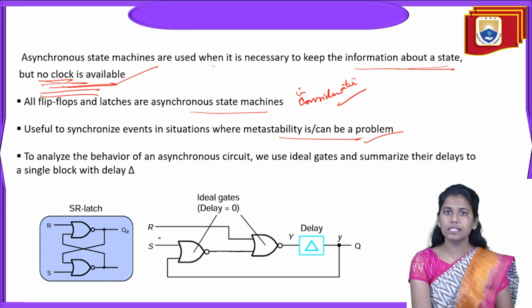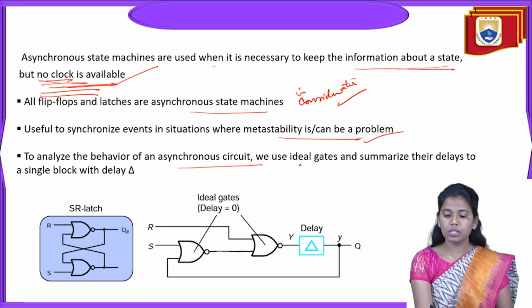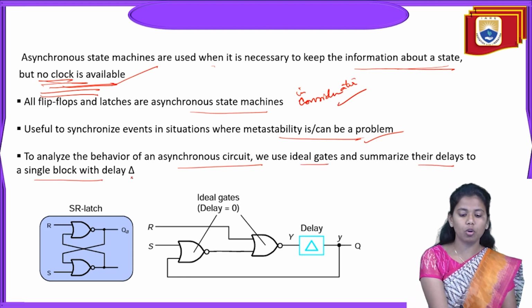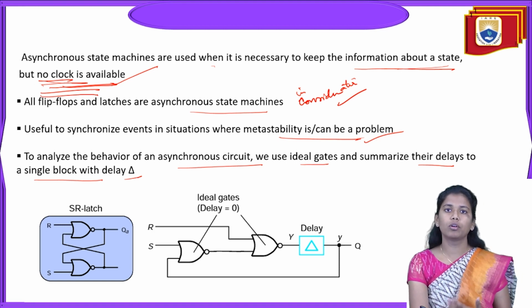To analyze the behavior of an asynchronous circuit, we use ideal gates and summarize their delays into a single block with delay. So in order to analyze asynchronous machines, we usually use ideal gates, and then we summarize the delays.